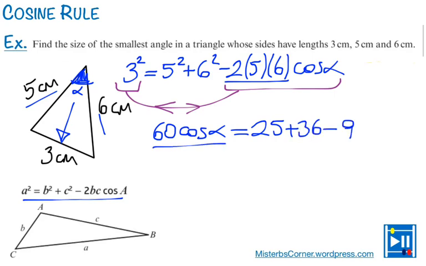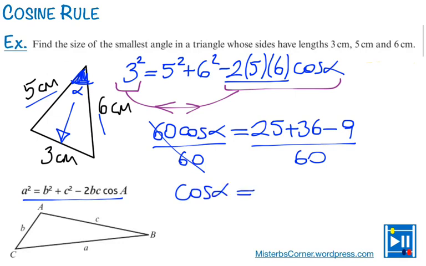And if I divide both sides by 60, and by the way, simplifying the top side, I'm going to have cosine alpha equals 25 plus 61 minus 9, which is 52, over 60.